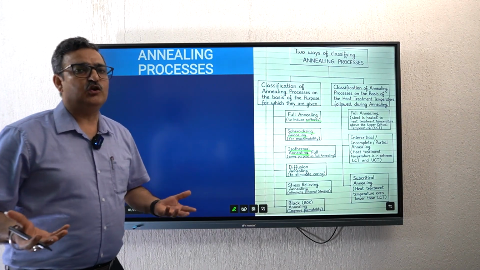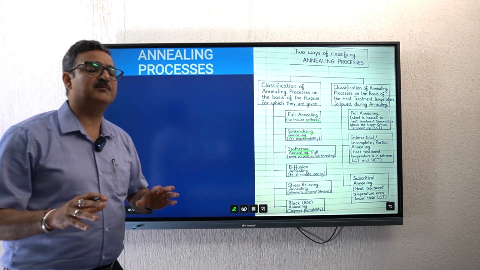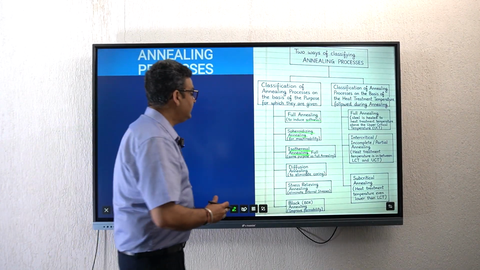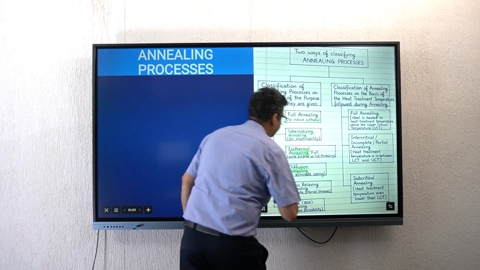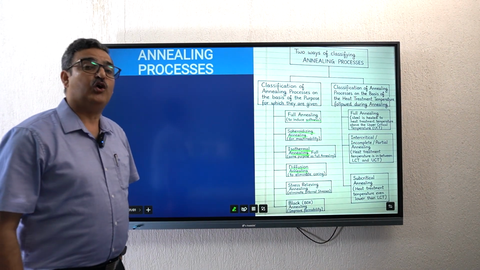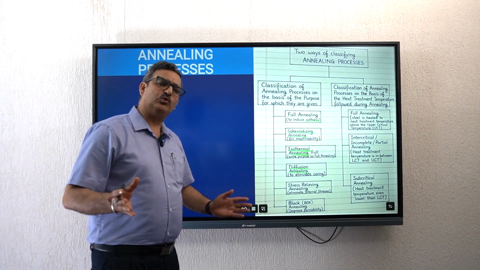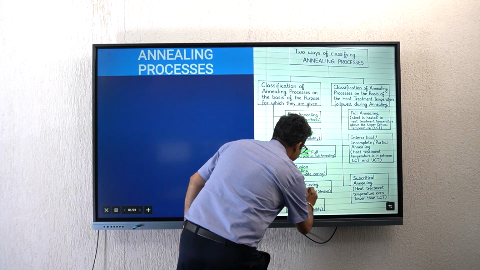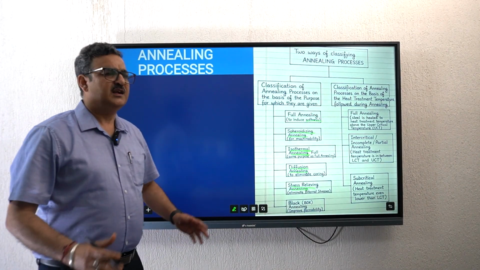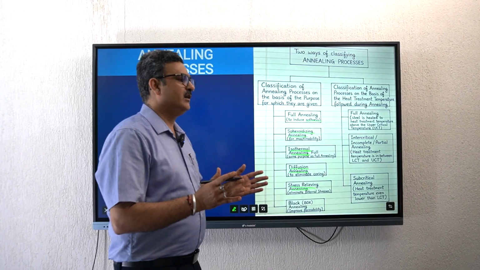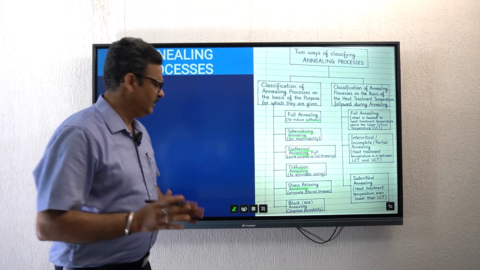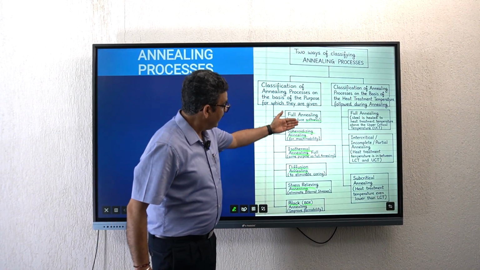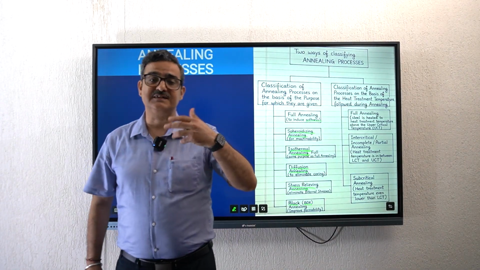Then if some steel component is being given annealing because there is a coring defect present in it, and the purpose is to eliminate coring, then students, the annealing process is called diffusion annealing or homogenization annealing. Similarly, if the only problem with the steel components is to eliminate internal stresses, you give it stress relieving annealing. And if you wish to make a steel very, very soft, very ductile, another option is to give it black annealing or box annealing.